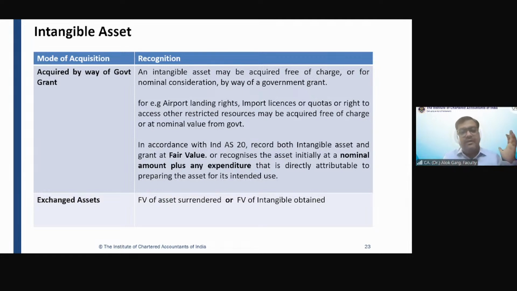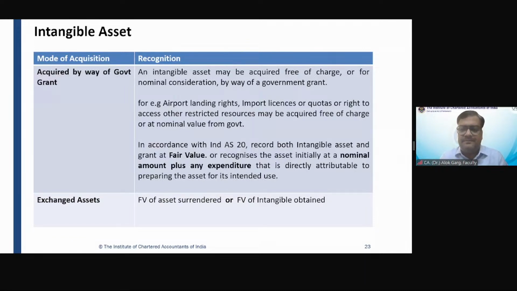There is a liability also, 5 lakh rupees. This liability also needs to be amortized and transferred to other income. So liability account debit to other income. Correct? Clear? So every year there is 1 lakh rupee of income and 1 lakh rupee of expense. This is what the accounting entry has to be.